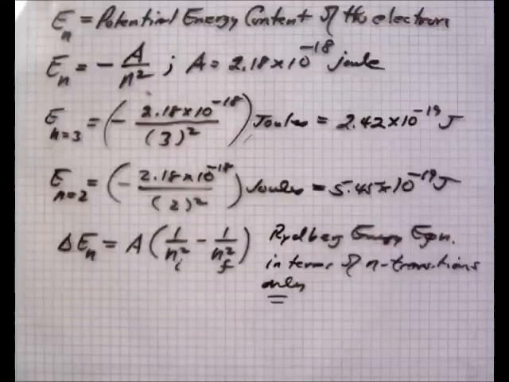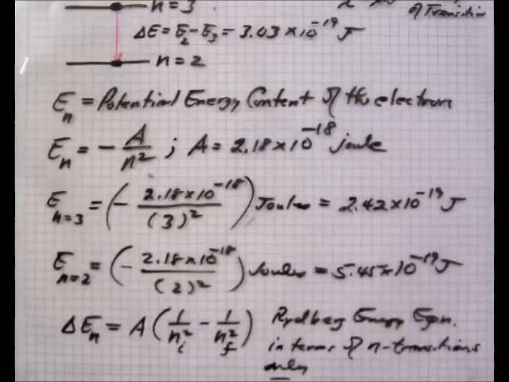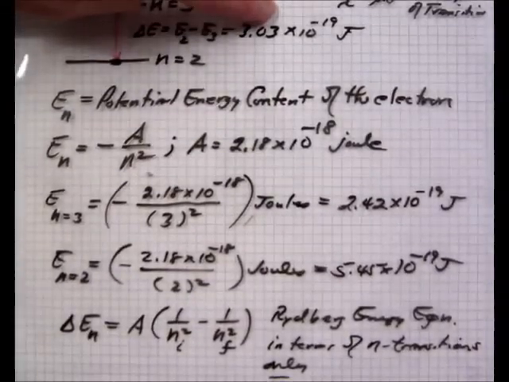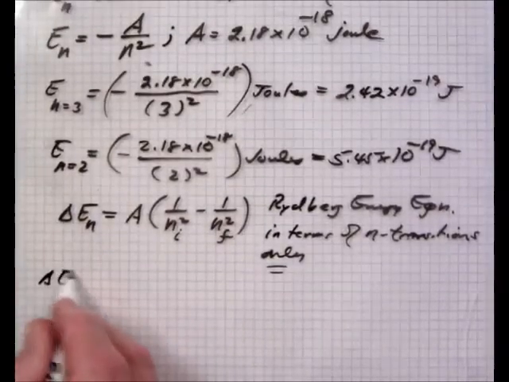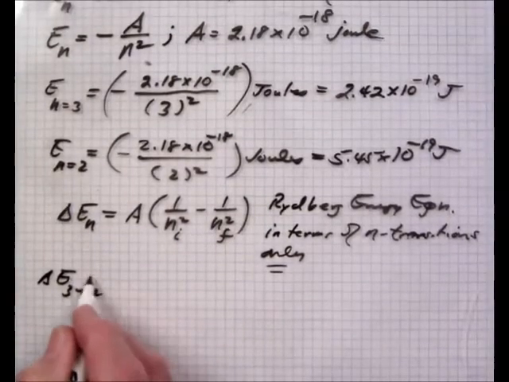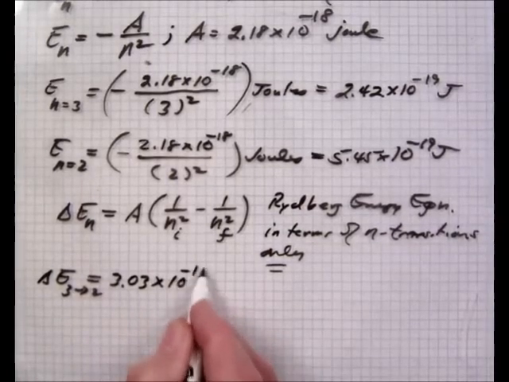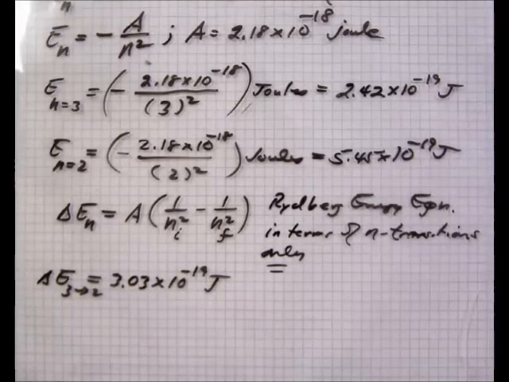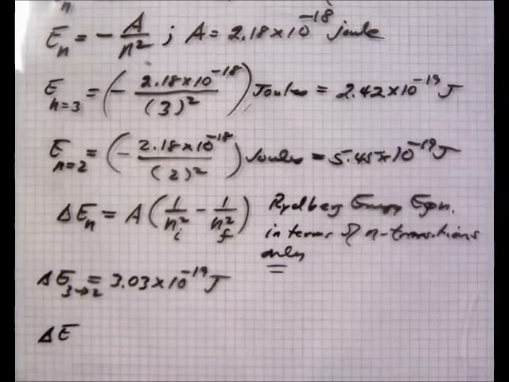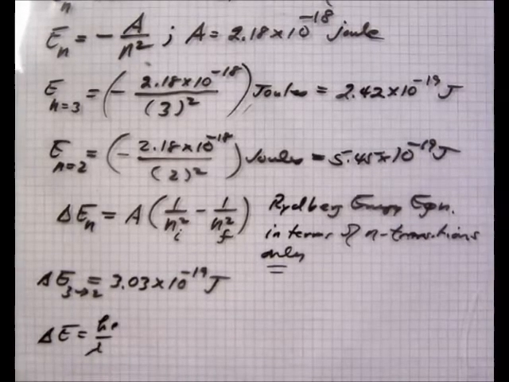Okay. So we'll keep that 3.03 times 10 to the minus 19th joule calculated using this. I'll jot that down here. Delta E from a 3 to 2 transition is 3.03 times 10 to the minus 19th of a joule. As it's falling from 3 down to 2, it gives off red light. Now calculate the energy as I showed you using hc over lambda.